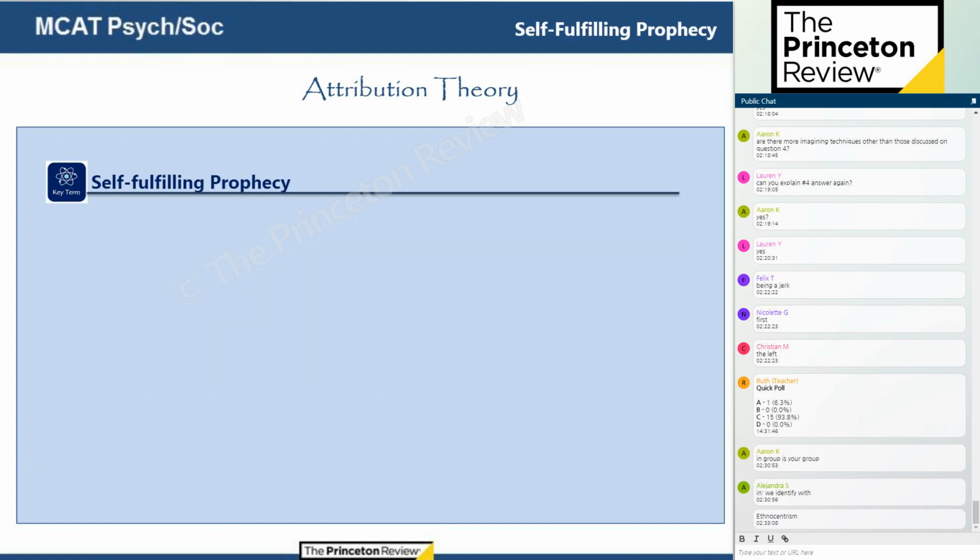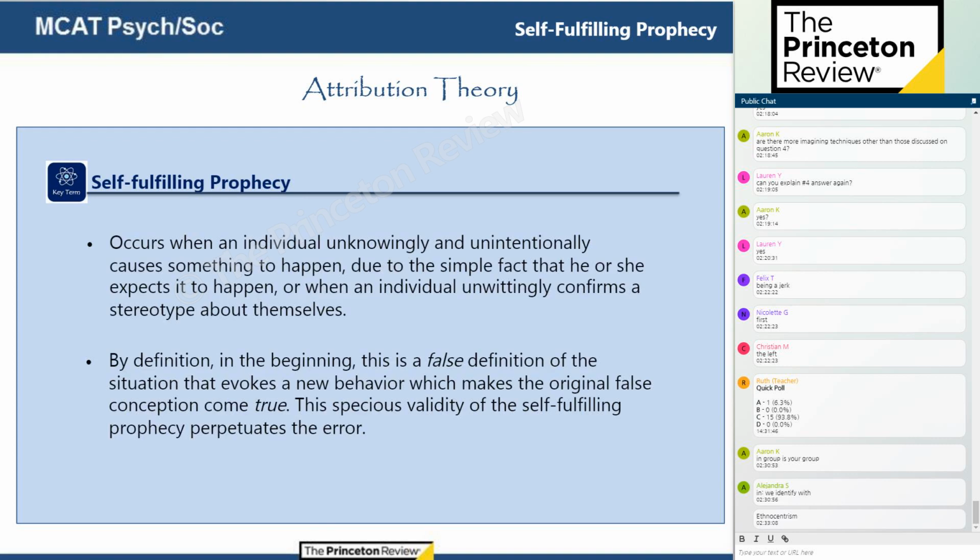All right, self-fulfilling prophecy. Okay, this is when our beliefs about somebody make their bad behavior actually happen. Okay, it's when we unknowingly, unintentionally cause something to happen just because we expect it to happen.